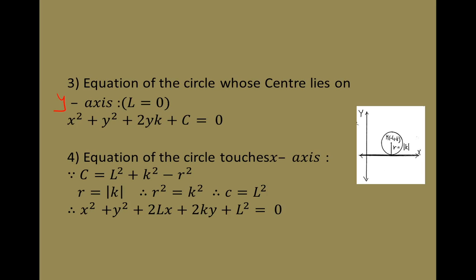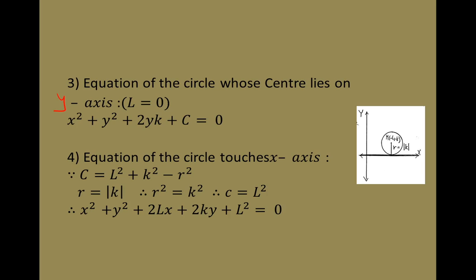Take care. The equation number 4, the equation of the circle touching the x-axis. Since c equals L squared plus k squared minus r squared, as you see in the figure, if the circle touches the x-axis, therefore the radius of the circle equals the absolute value of k.